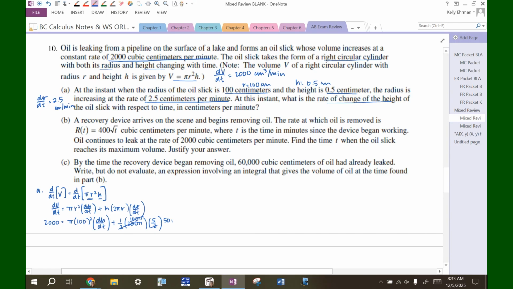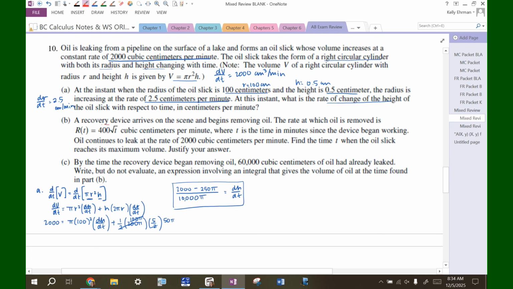Actually 50 pi times 5 is 250 pi. So this is 2,000 minus 250 pi divided by 100 squared. So that's 4 zeros. 10,000 pi equals dH dt. I bet this is calculator, but I'm just going to leave it like that.